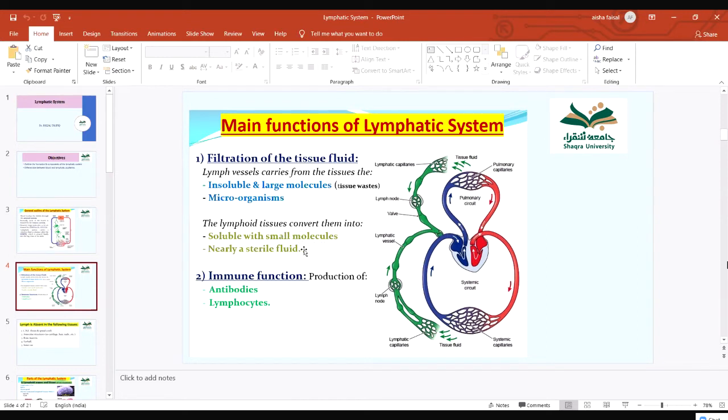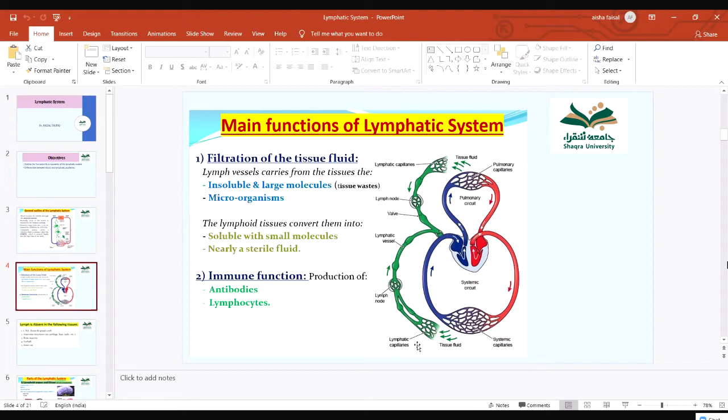It also converts the insoluble and large molecules into soluble and small molecules. And it makes this extracellular fluid or the tissue fluid completely sterile. And this system also contains immune cells.